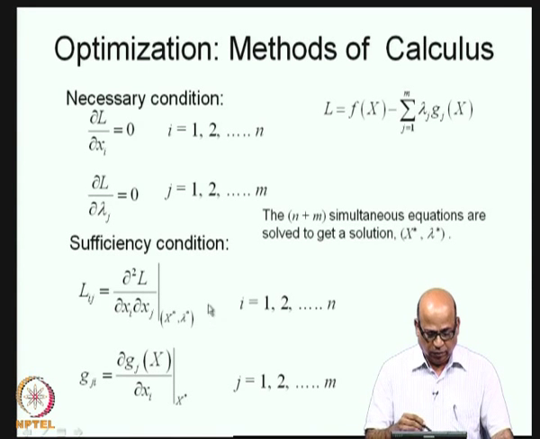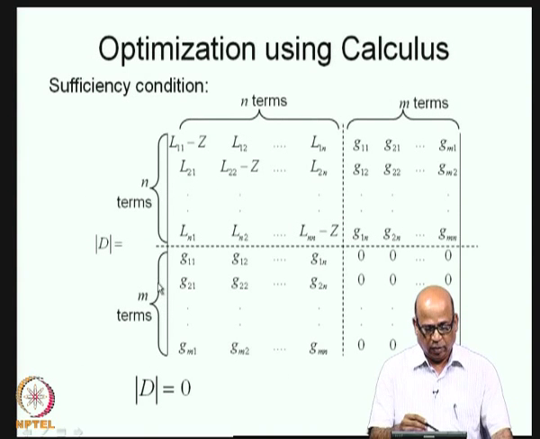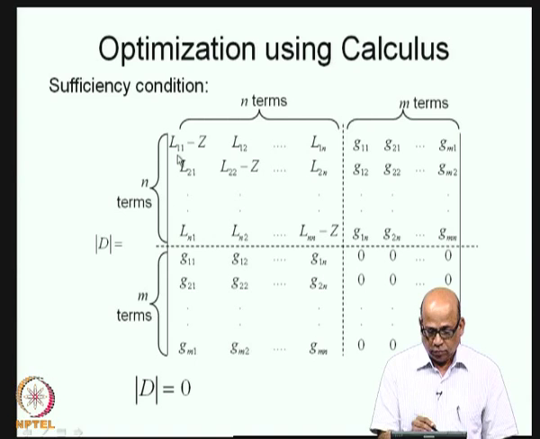So, once we have these derivatives, we formulate the determinant D as we start with L11 minus z, L12 etcetera L1n, here x1 etcetera xn, x1 etcetera xn.